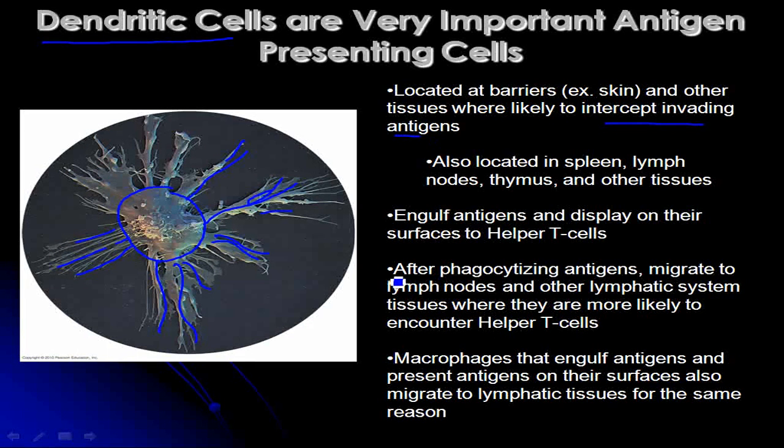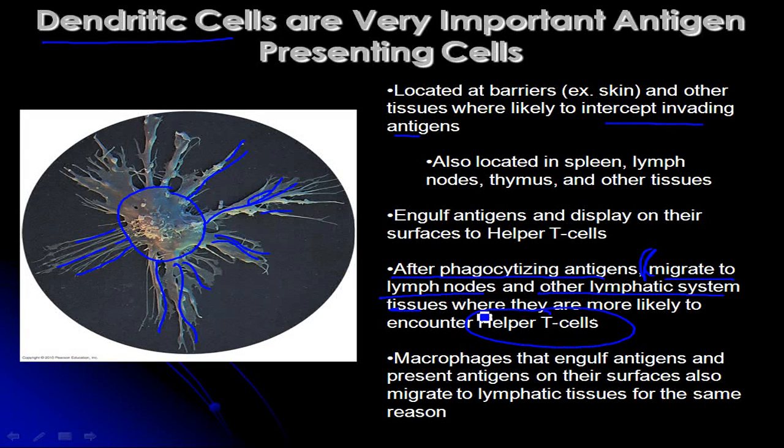Now, this is interesting, too, about those dendritic cells. Say they're located in your skin or along a mucous membrane somewhere. After they gobble up a bunch of antigens and start presenting them on their surfaces, notice this, they actually migrate to your lymph nodes and other lymphatic system tissues, like the little patches down in your intestine, and they localize themselves there because that's where your helper T cells are hanging out.